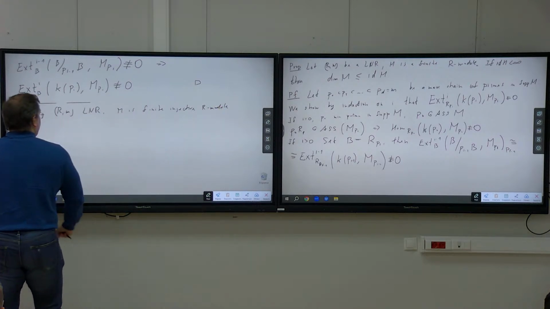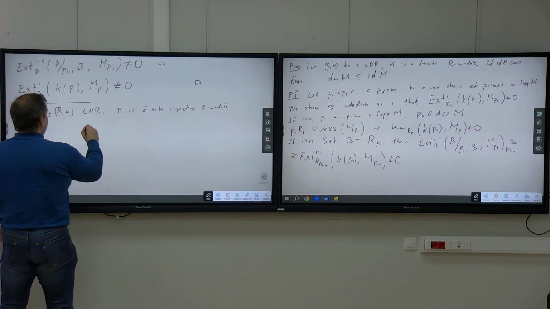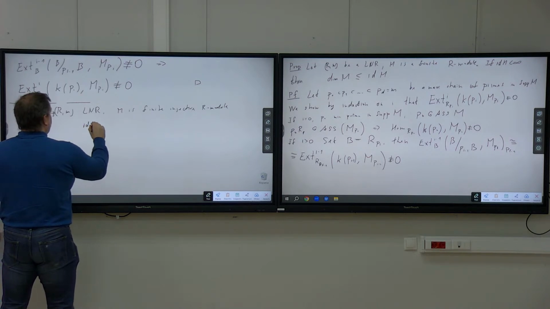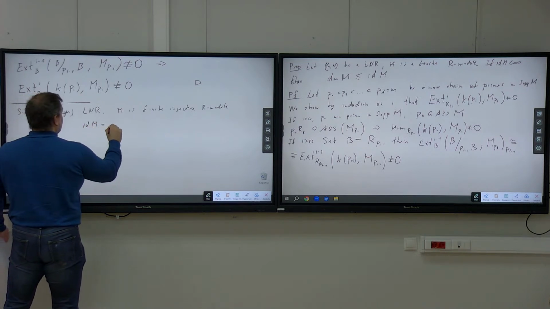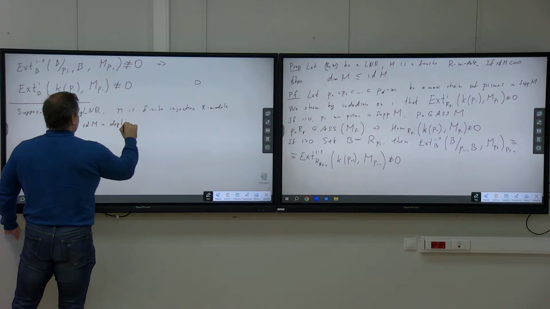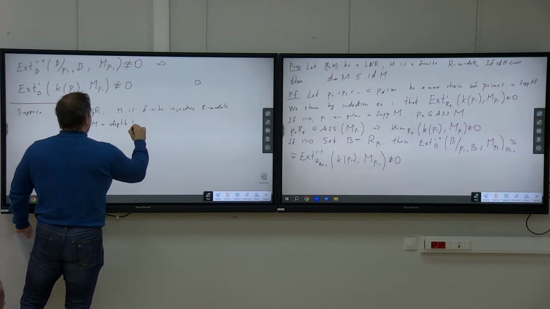Right? So then we can combine something that we know. We know that the injective dimension of this module is equal to the depth of the ring, right?